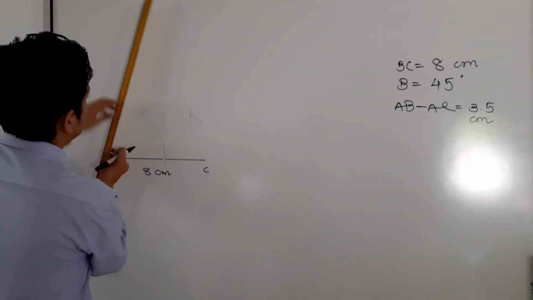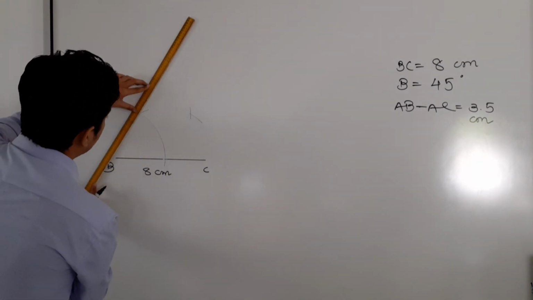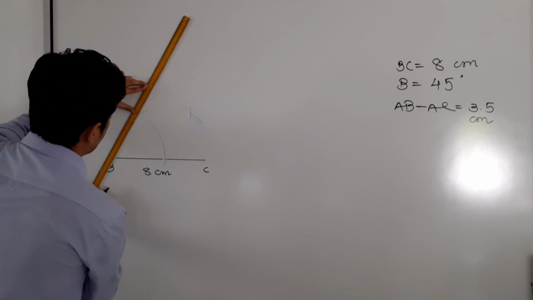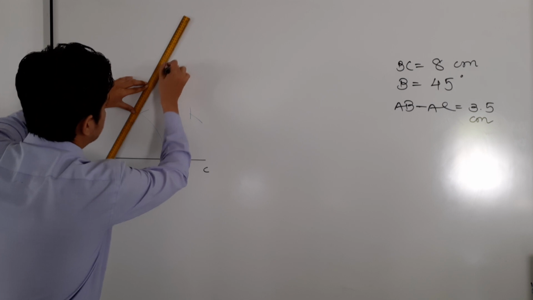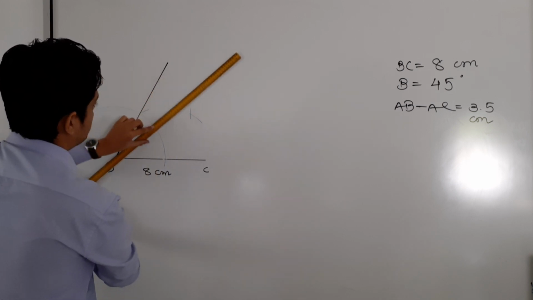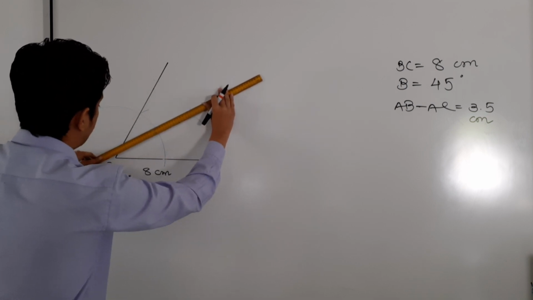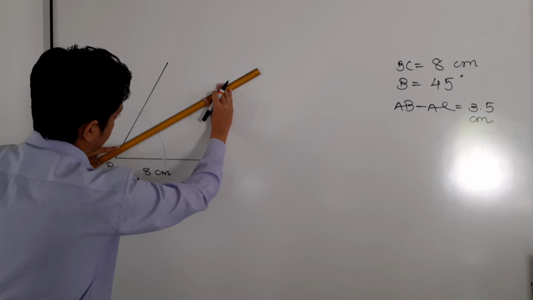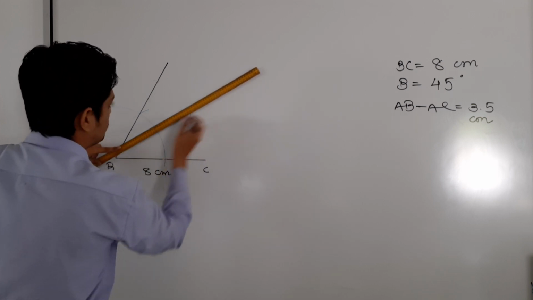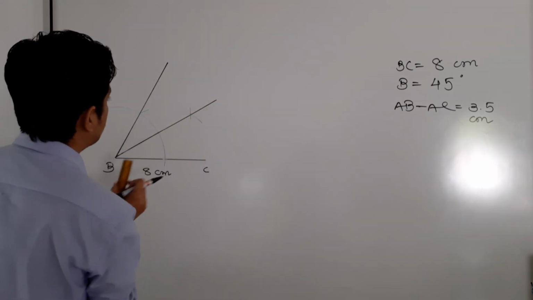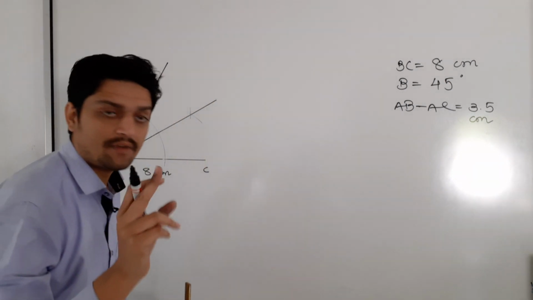Here, see, this is the 60 degree angle. This is the 30 degree angle, but we have to draw 45 degrees.